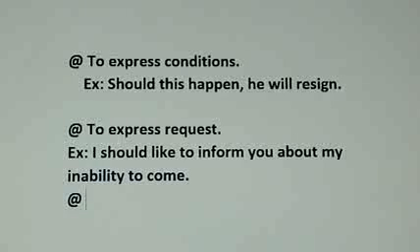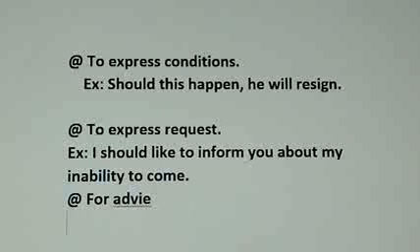For advice. It also gives advice. Okay, for advice as well. Let's see the example for this.